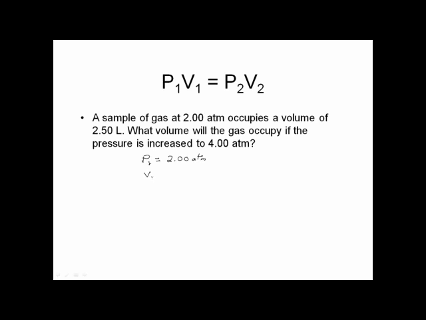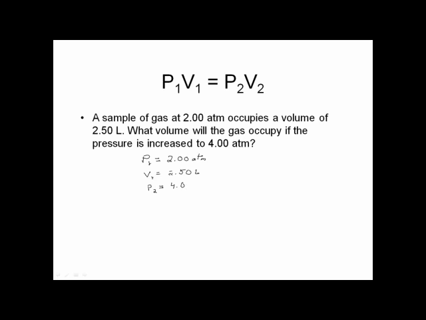Do we know the initial volume? It says it occupies a volume of 2.50 liters. That pretty much tells us directly, but we also know that liters is a measurement of volume. Do we know P2? That's the final pressure. It says what volume will the gas occupy if the pressure is increased to 4 atmospheres?